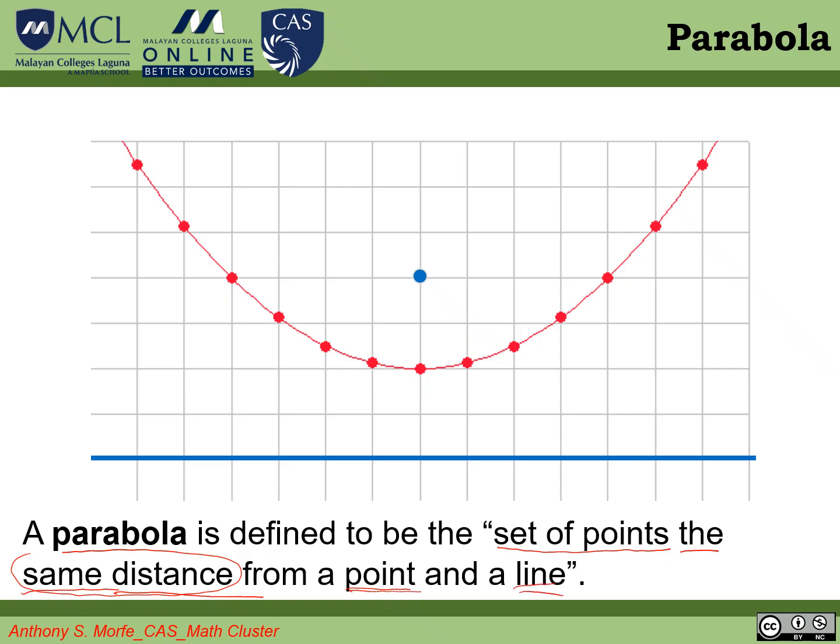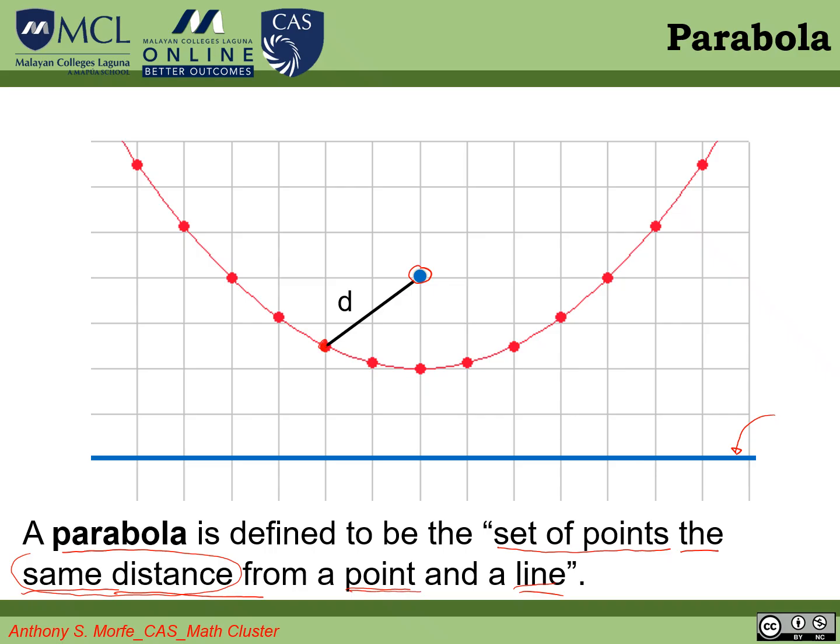So the point referred to by this statement, class, is this point, and the line referred to in the statement is this line. So this is our parabola. Okay? So we have here a point.